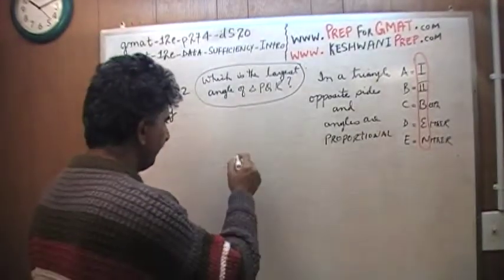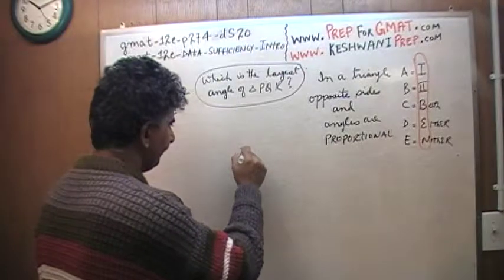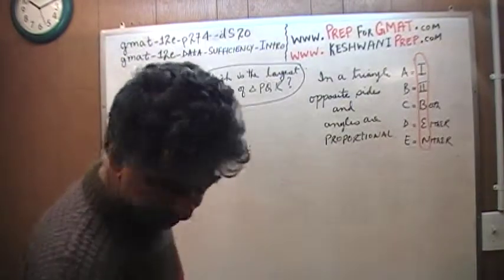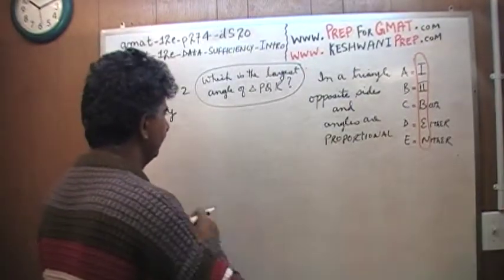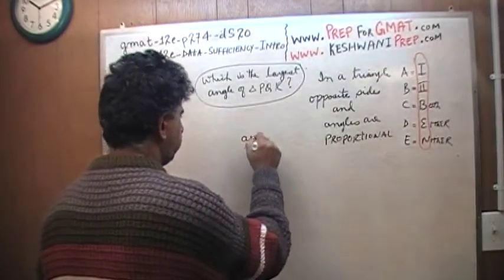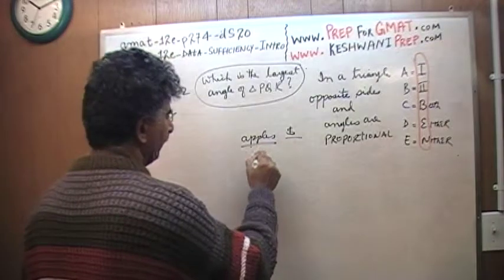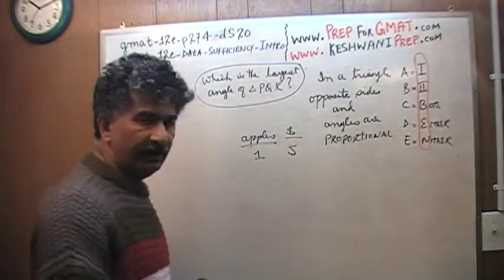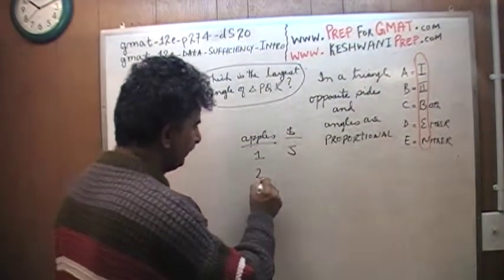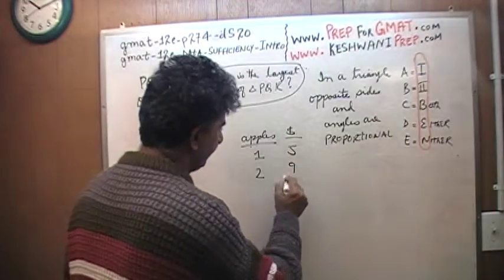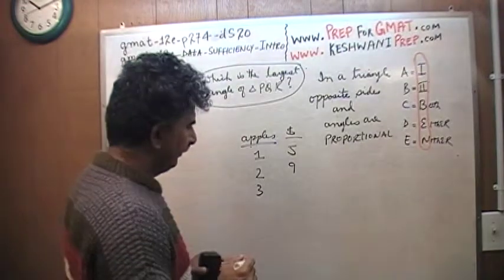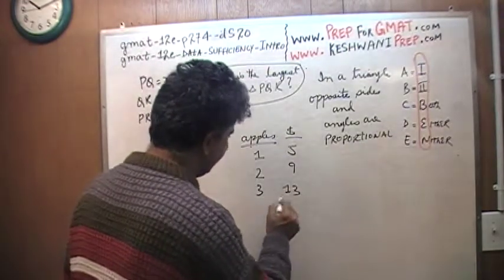For example, we're buying apples. Here's the price. If you buy one apple, you'll have to pay $5. If you buy 2 apples, you'll have to pay, say, $9. If you buy 3 apples, you'll pay, say, $13.